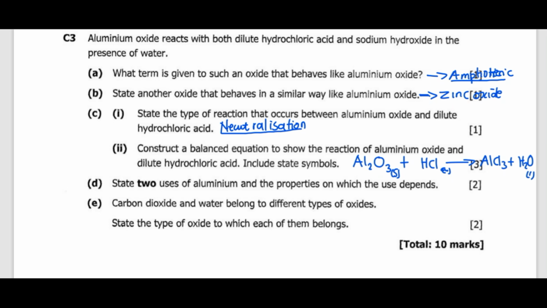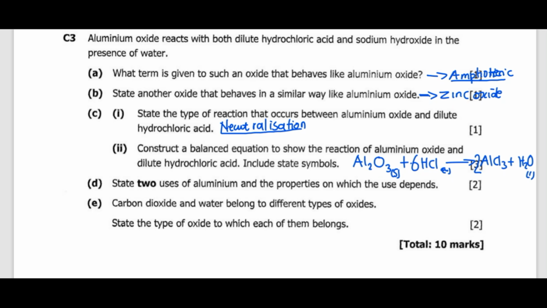Now, how can we balance this equation? There are 2 atoms of aluminium, so let's put 2 here. So 2 atoms. Then you have 6 chlorine, so let's put 6 here.